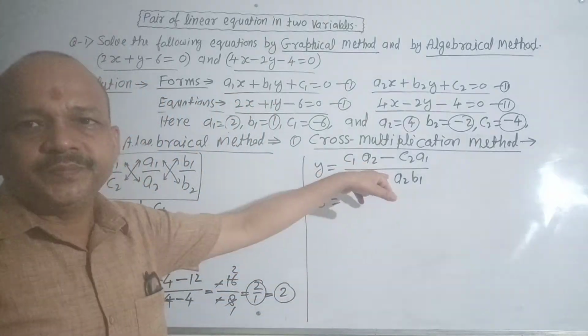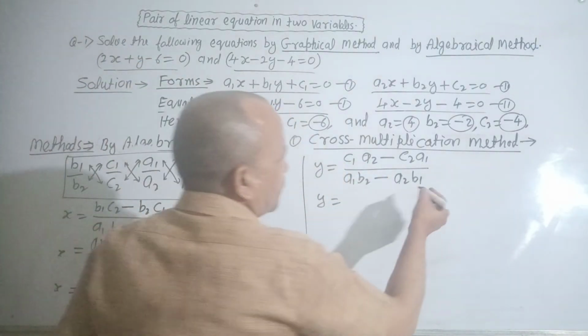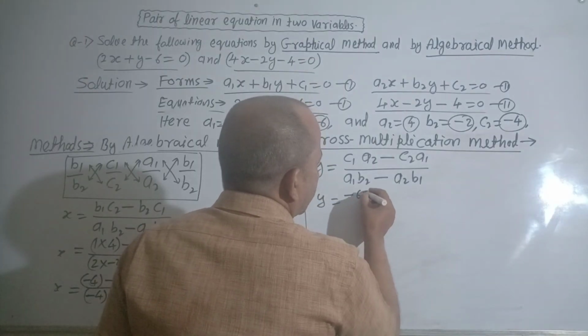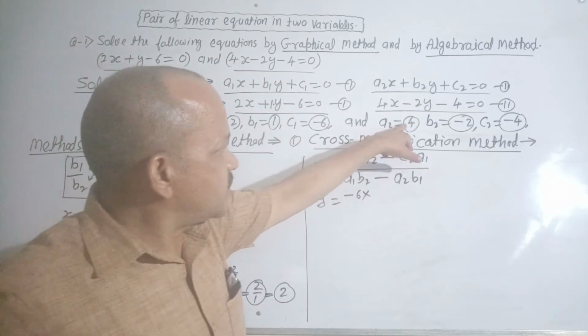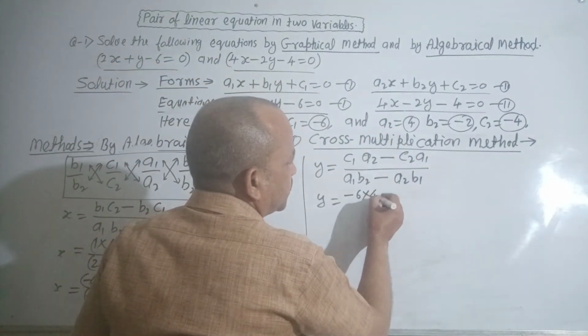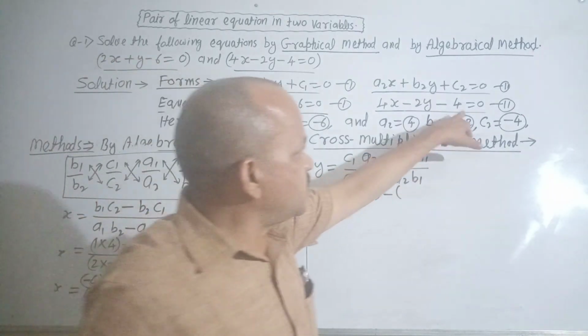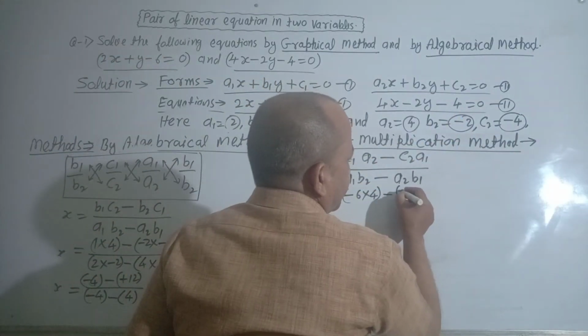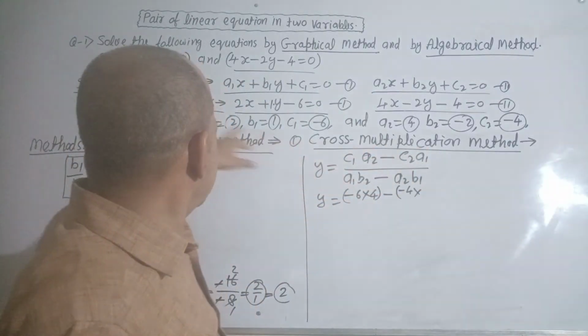Put the value. C1 means minus 6, multiply a2 means 4. C2 means minus 4, a1 means 2.